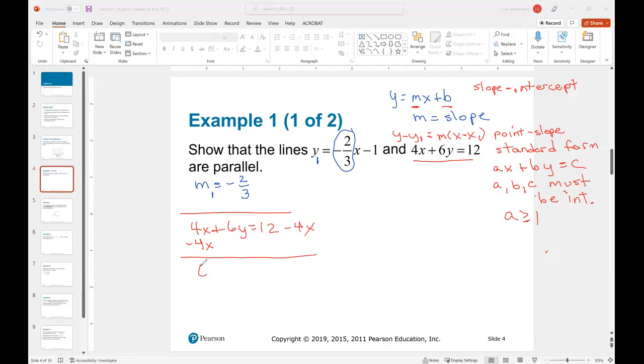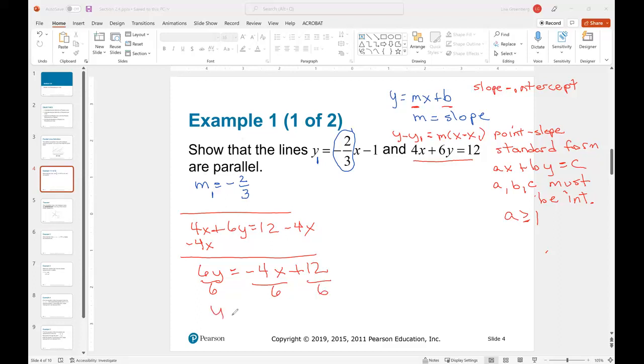And I get 6y is equal to, and I'm going to flip this backwards because I want my slope to be first and my y-intercept to be second. And then I divide both sides by 6.